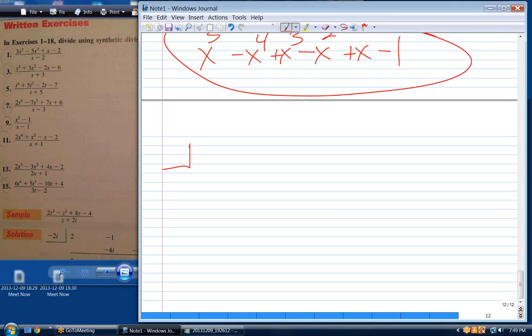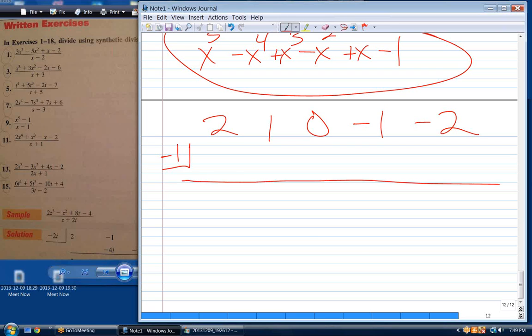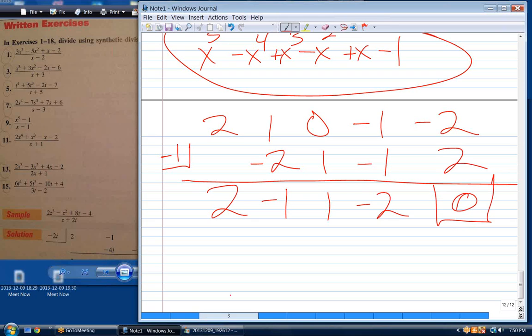Alright, so 11, the first number is going to be 2, and then 1, and then 0, and then -1, and then -2. And the box is going to be -1. Drag the 2 down, -2, -1, 1, 1, -1, -2, 2, 0.